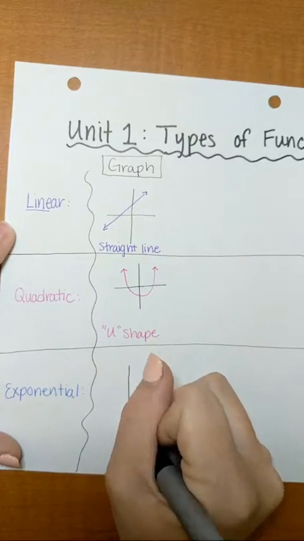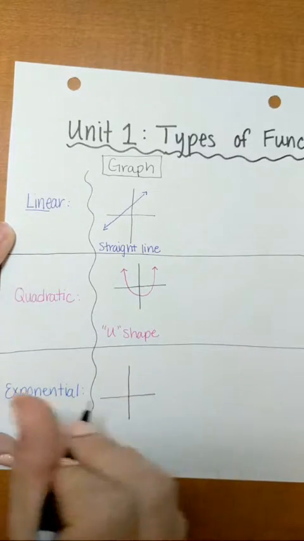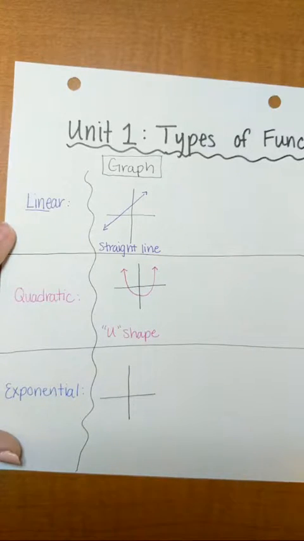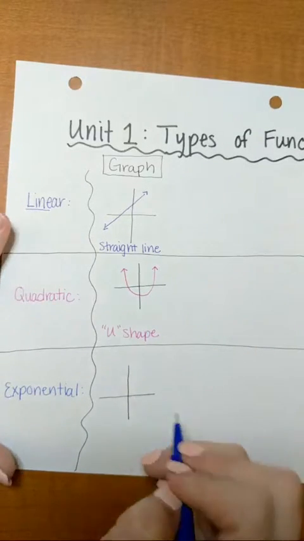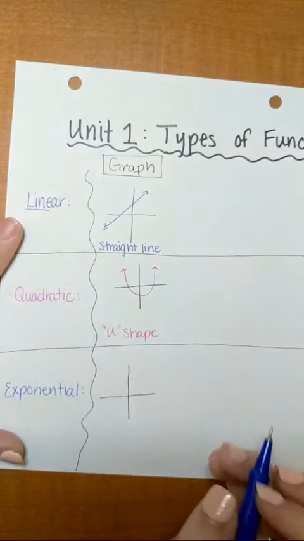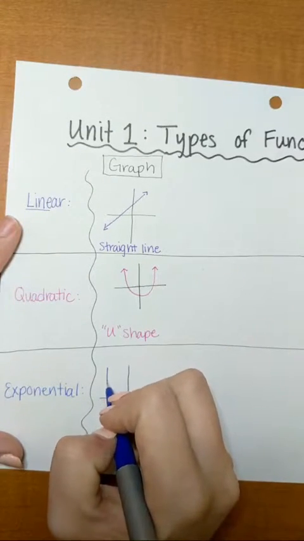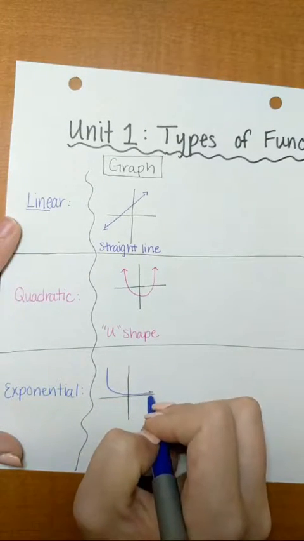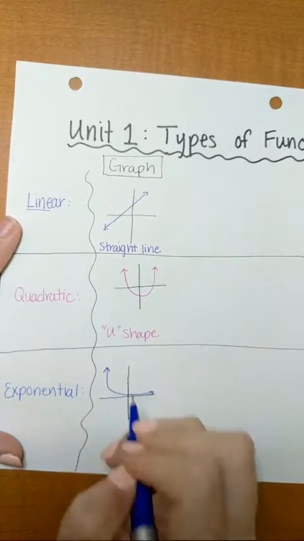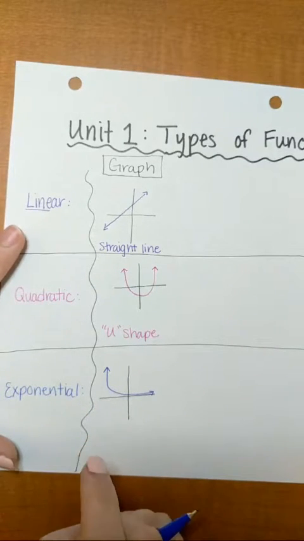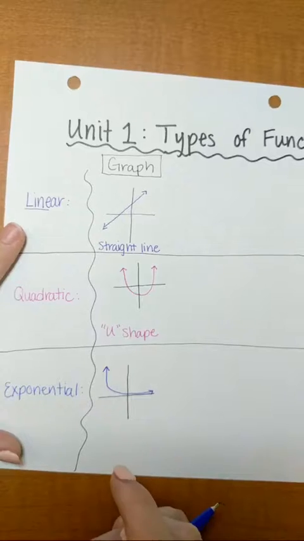Then exponential, it curves kind of like the quadratic where it's a U, but it never crosses the x-axis.